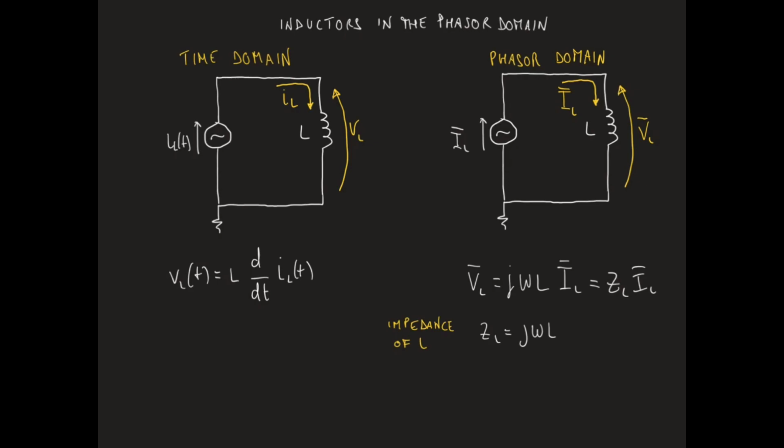Note that, as in the case of the capacitor, also the impedance ZL is a purely imaginary complex number. The unit of measurement of ZL is the ohm, like that of the resistance.